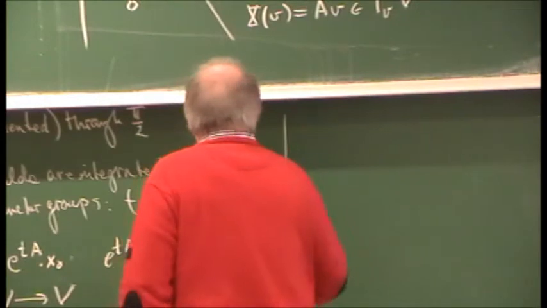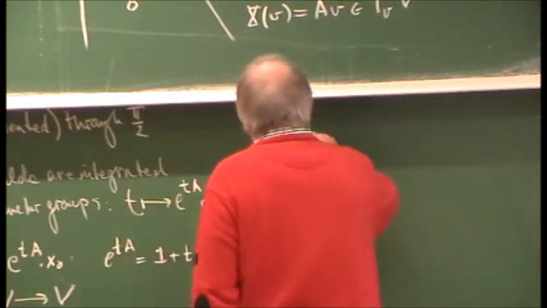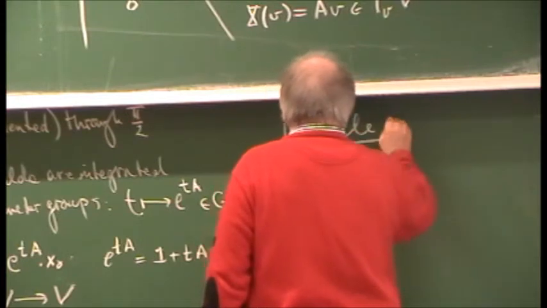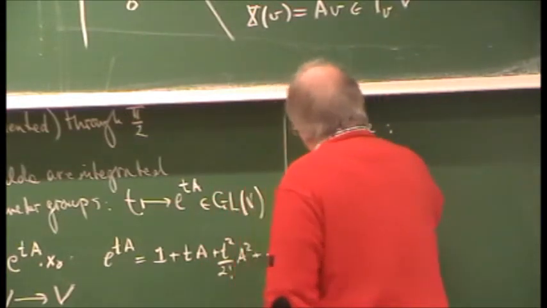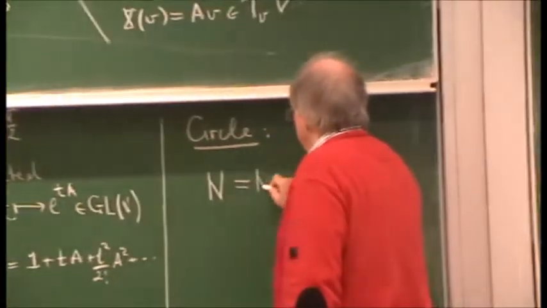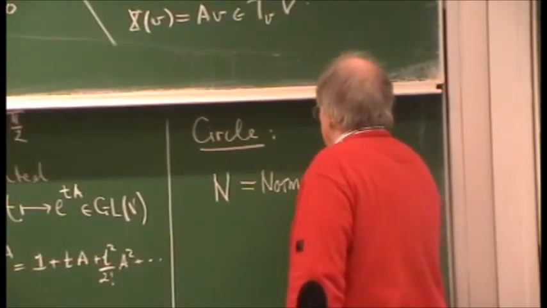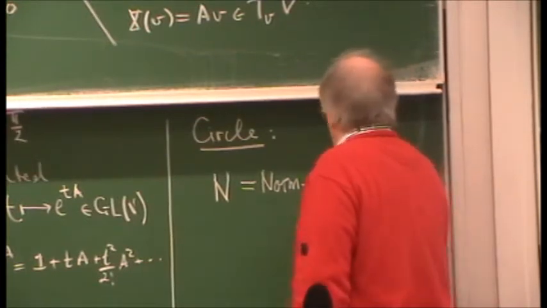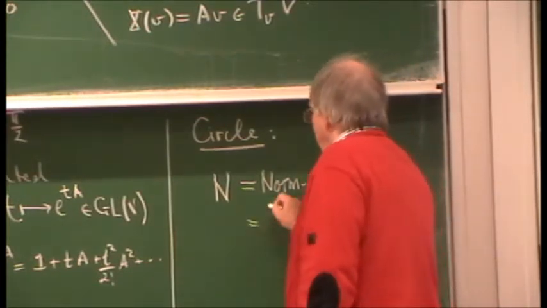No. But the way you understand the circle is that the norm function, which I'll just call N for norm, squared. I always like to square it to get a smooth function. Say norm squared.